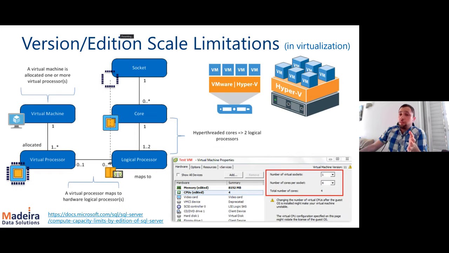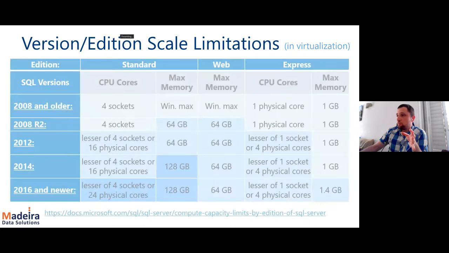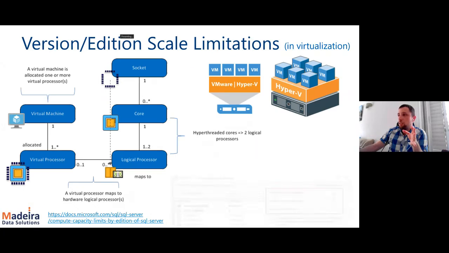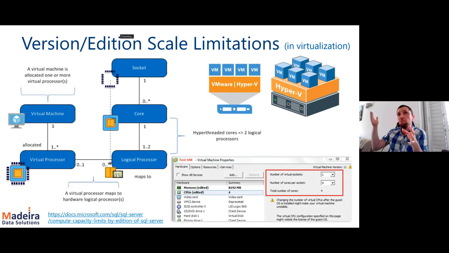An actual use case, like a true story, where they wanted to have 16 cores, 16 logical cores, and SQL Server was not able to use all of them.